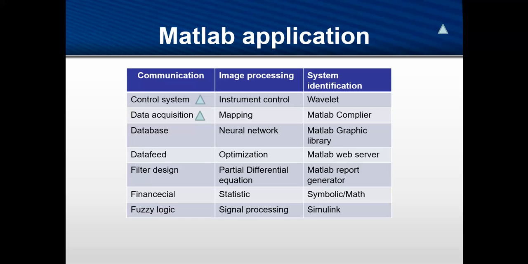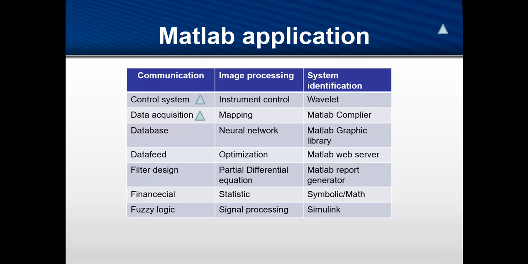For signal processing, Matlab can analyze sound and find peaks in the time domain and frequency domain, and it can create a graphical user interface, or you can call it GUI.